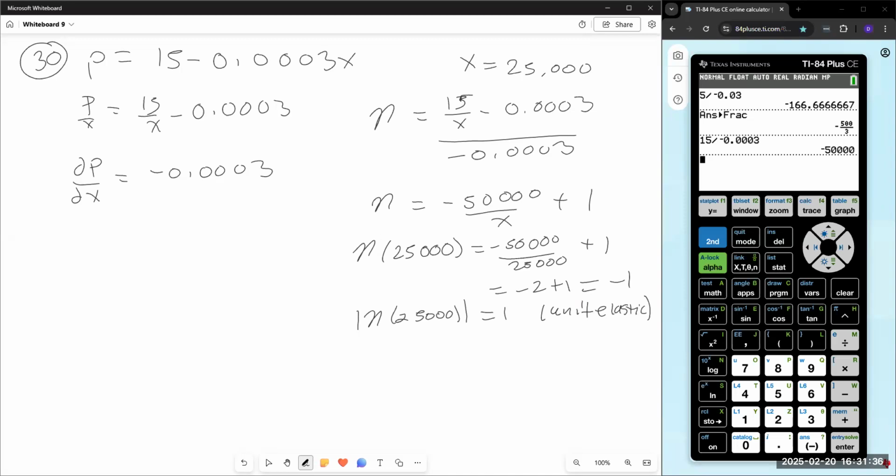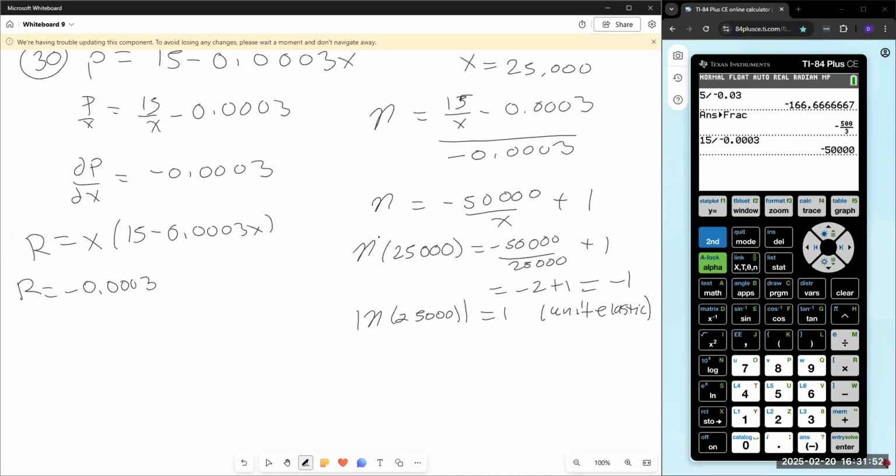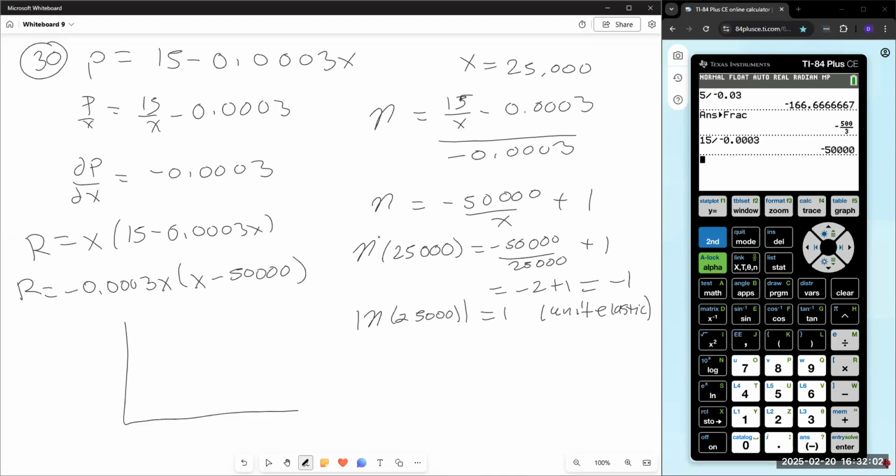And my revenue function here will be X times 15 minus 0.0003x. So R is equal to negative 0.0003x times X minus 50,000. And my sketch here will be 0 to 50,000 with 25,000 in the middle.